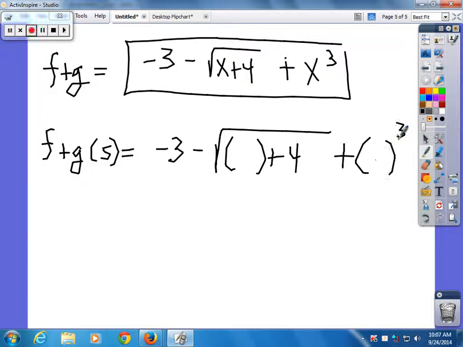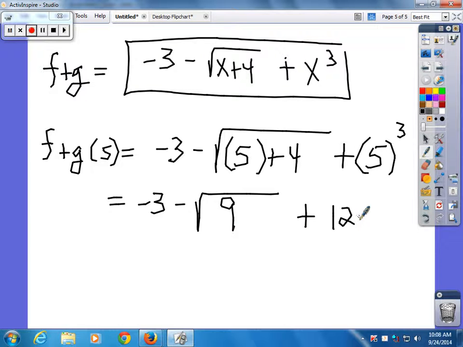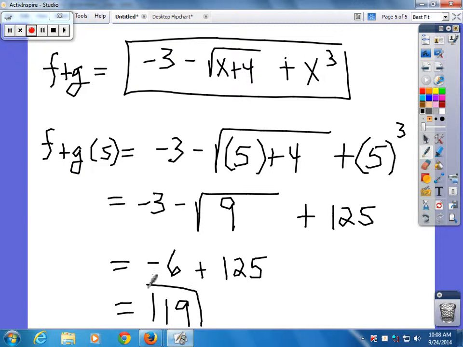And what are we going to plug in? 5. And we get -3 minus the square root of 5 plus 4, which is 9, square root of 9, we'll do that in a minute, plus 125. -3 minus 3 is -6 plus 125. And what's -6 plus 125? Hang on, 119. And that should be your answer.